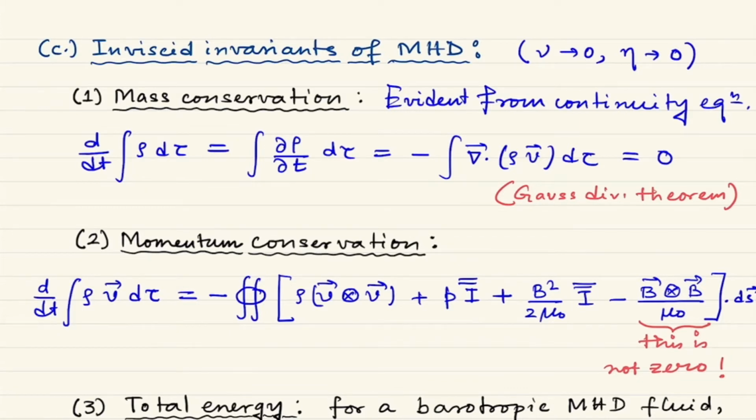Now once again, when we are talking about conservation, as we discussed in one of the previous lectures on the inviscid invariances for normal hydrodynamic fluid, for the invariance of extensive quantities, the density corresponding to the extensive quantity should follow a specific evolution equation, known as the conservative form.